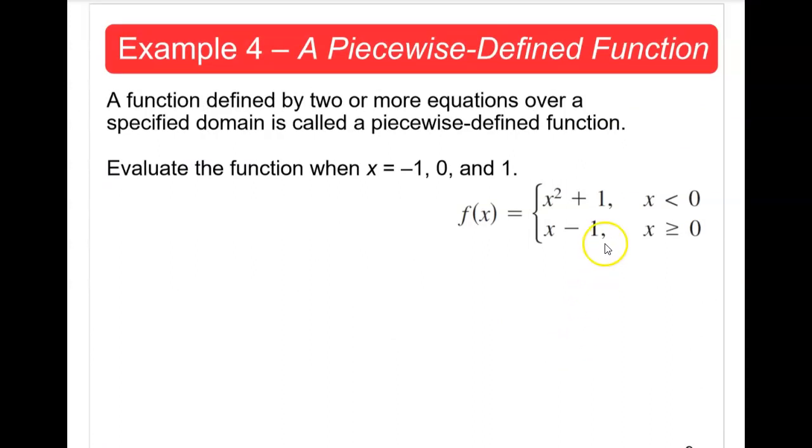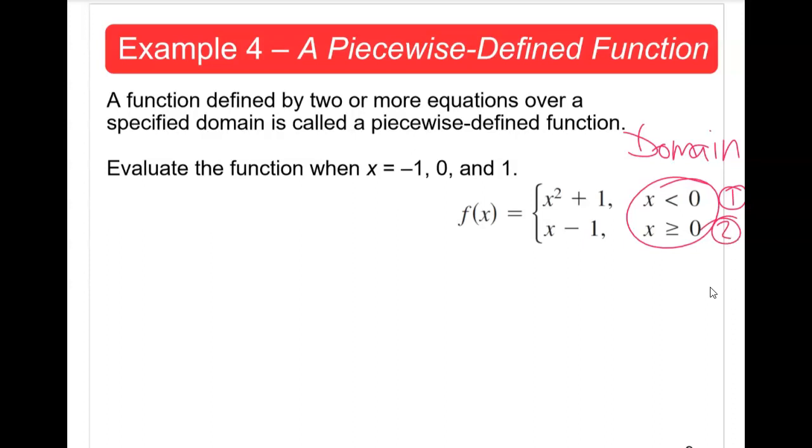So we have here a piecewise defined function, and we call it piecewise because, as you can see here, it is defined into two separate intervals for the domain. This is a domain, the x values that the function can take, but it is divided into two cases, 1 and 2.